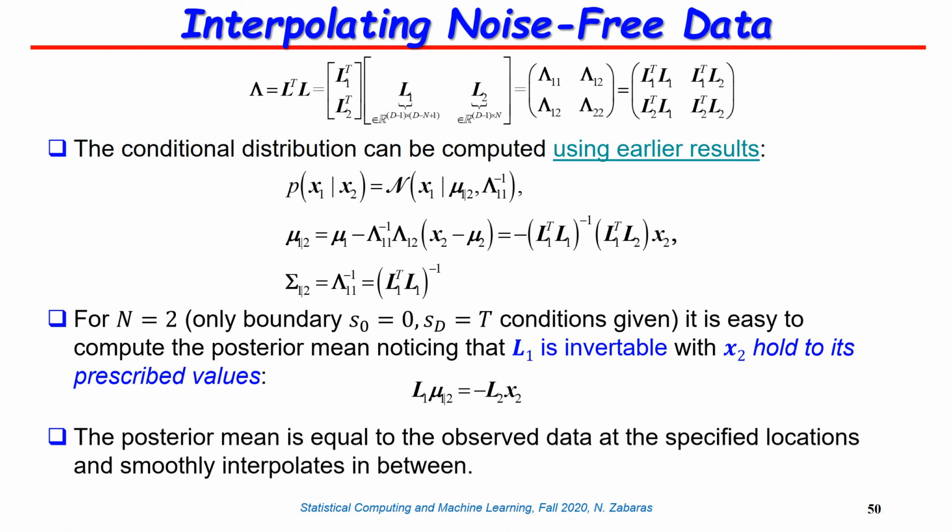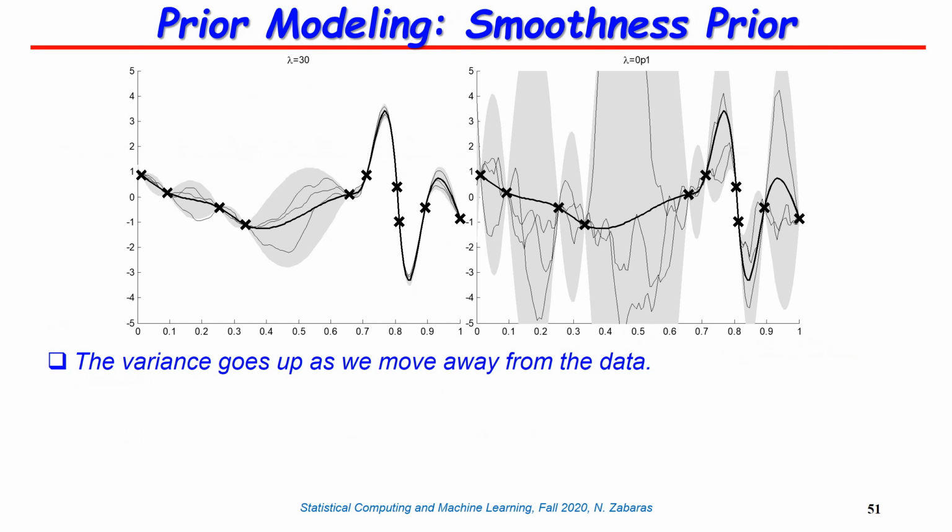So let me give you a few results. There are two pictures here. I put back the precision lambda, and in one case the precision lambda that I use is very high, so the uncertainties in the predictions will be smaller. In the case on the right, the precision is very small, so the uncertainties will be very high.